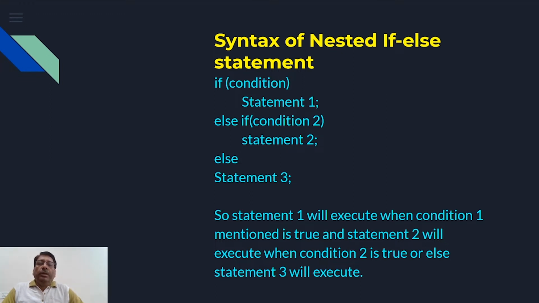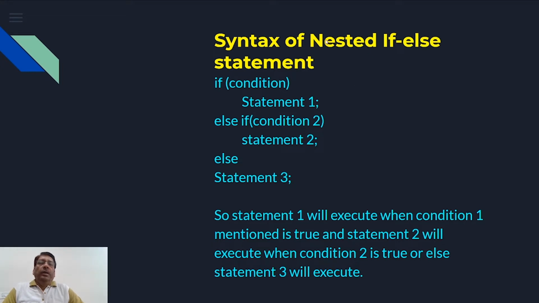In that case, if the bill happens to be between 1 to 5,000, you are going to get some discount. If it is greater than 5,000 and less than 10,000, you are going to get some other discount. If it is greater than 10,000, you are going to get a discount value which is different from the previous two, and so on.